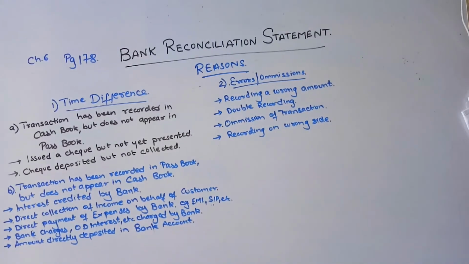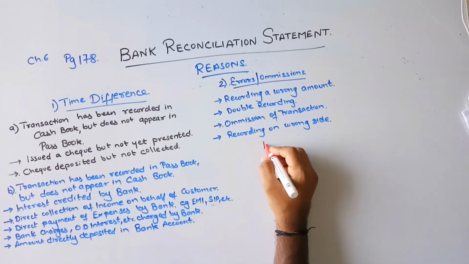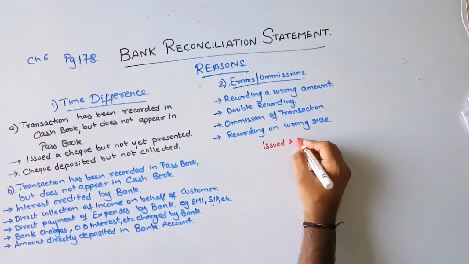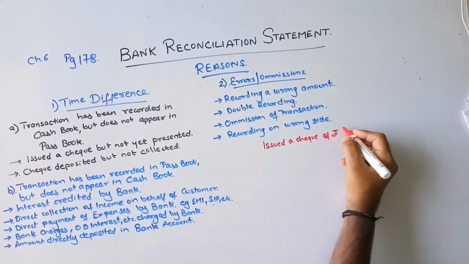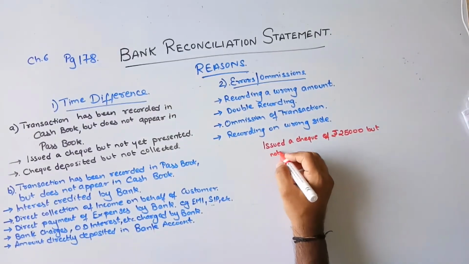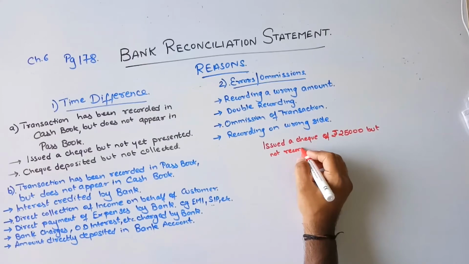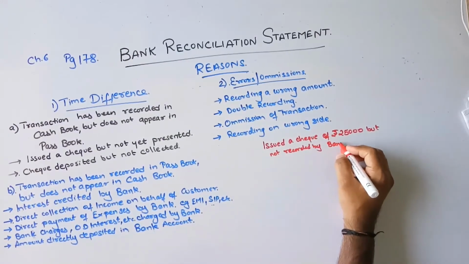I'll give you an example. Just take one example. For example, you have issued a check of rupees 25,000 but it is not recorded by the bank.